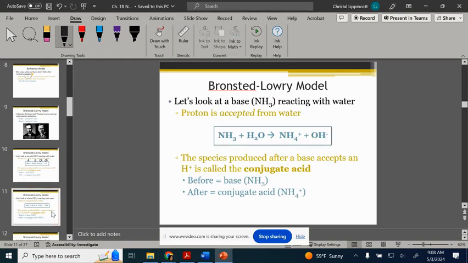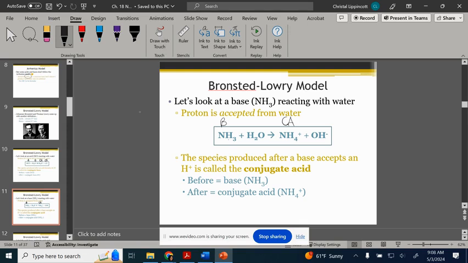Okay, so Bronsted Lowry. We are going to look at a base here. So here, do you see how this guy and this guy look similar to one another? Which one has more hydrogen? This guy. So he's my acid, he's my base, but he's on this side, so we're going to call him conjugate.